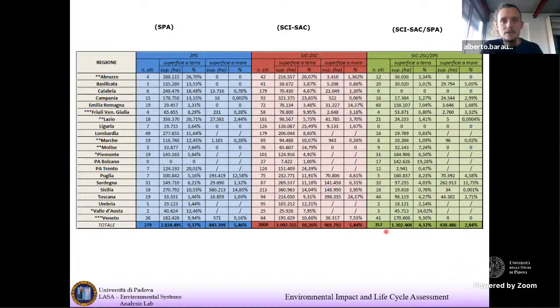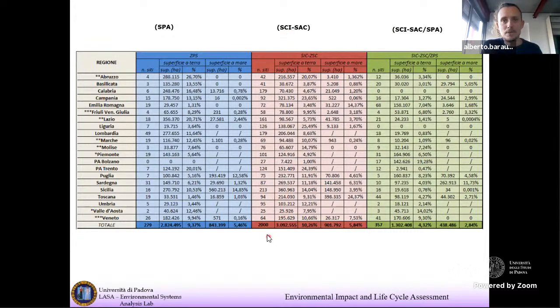No, sorry, forget what I said. This is wrong. So the green part of the table just contains sites protected under both the birds and the habitats directive.